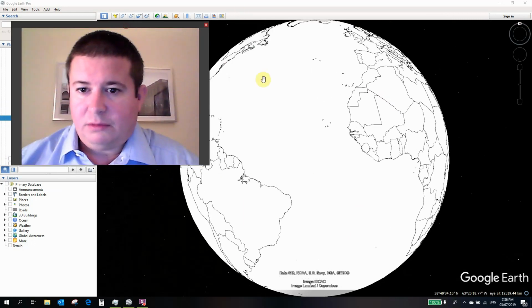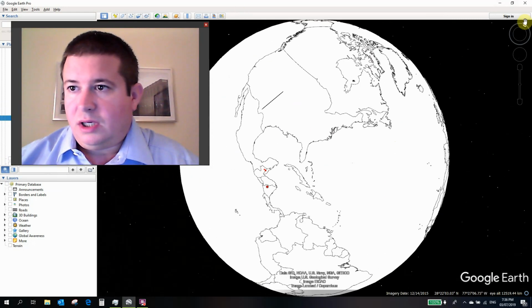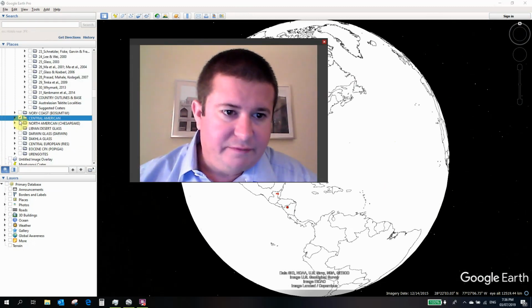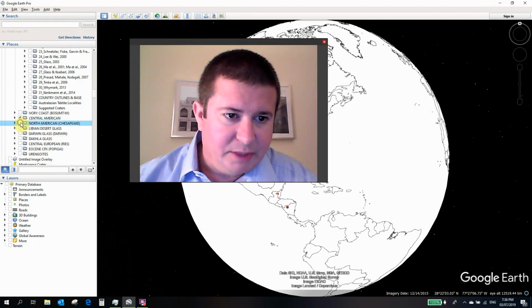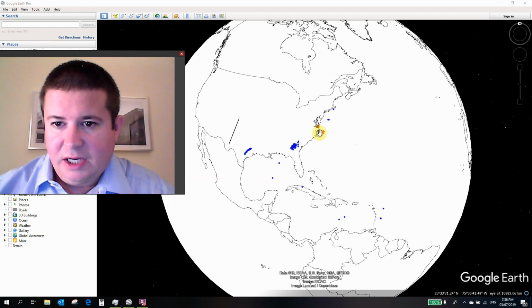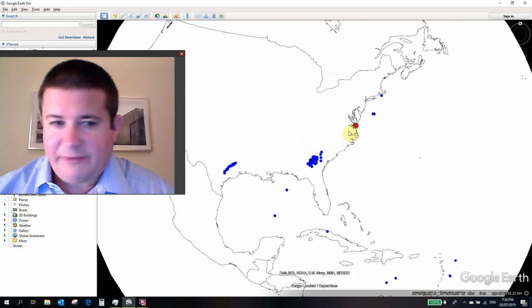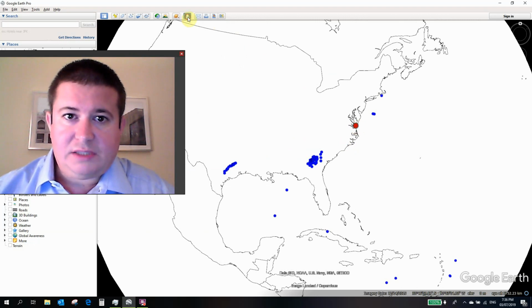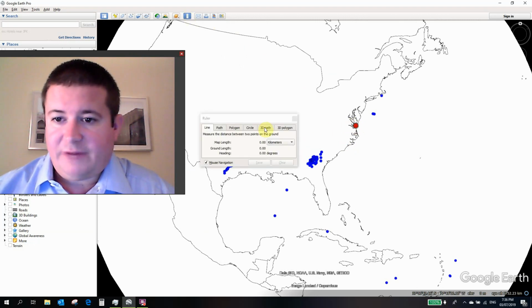Let's move me out of the way. Let's move me back in the way, because I've ticked the wrong one. I've ticked Central American, not North American. Okay, so we've got North American. This is the Chesapeake crater. It's about 35 million years old. It's roughly a 40 kilometer crater, expanded to about 85 kilometers.